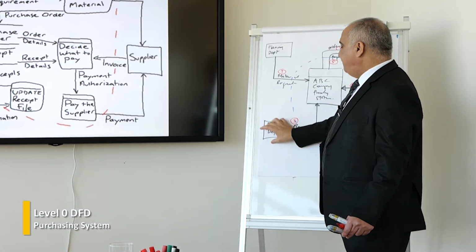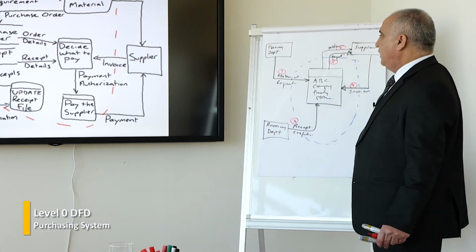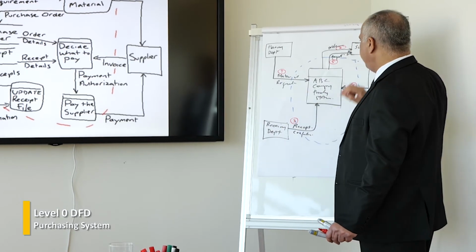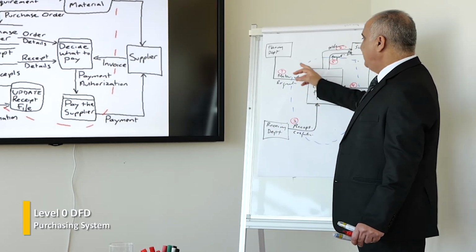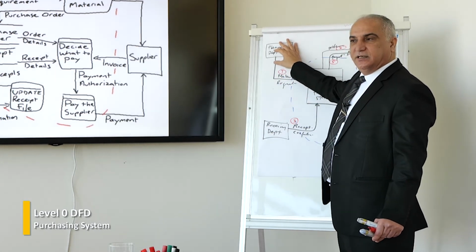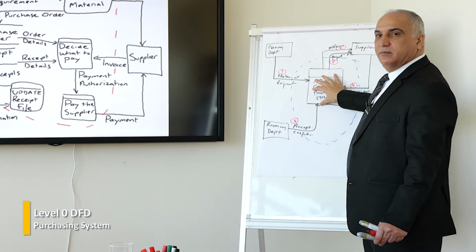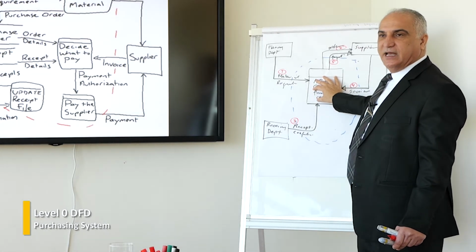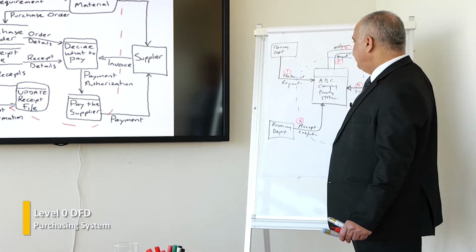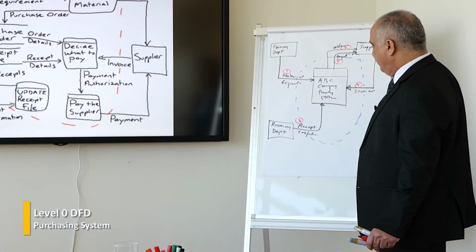We already defined the external entities, which are 1, 2, 3. And now we define the relationship of the external entities to the main system in the context diagram, ABC purchasing. The planning department is basically requesting a material.